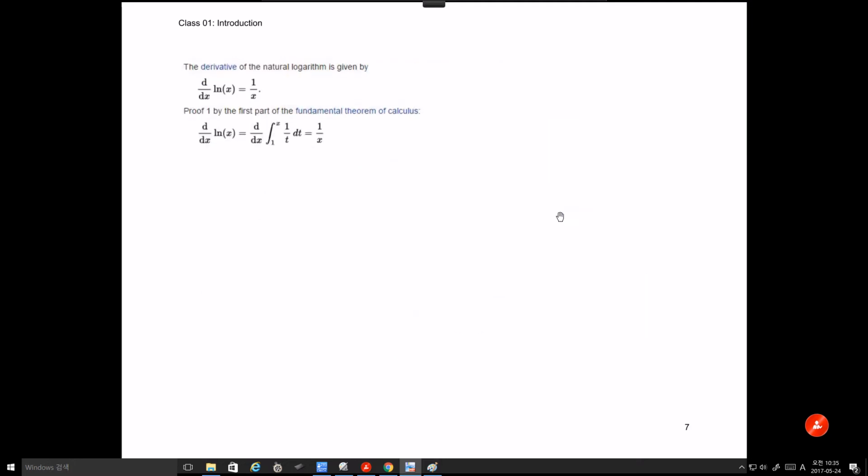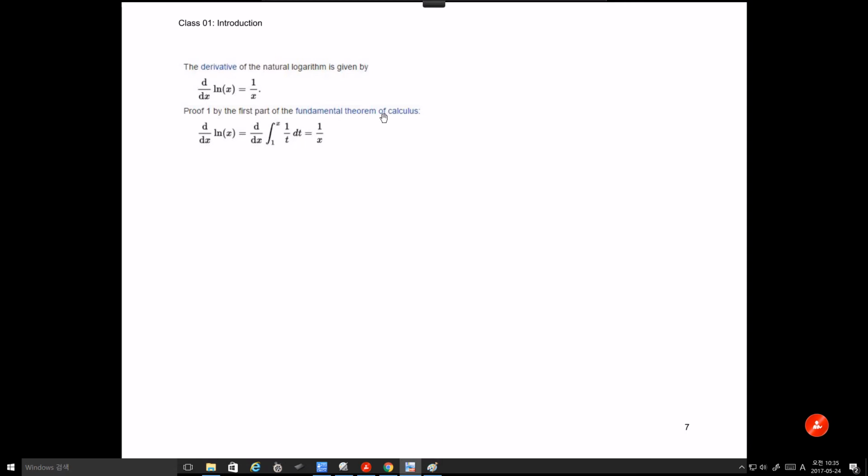Now the derivative of the natural logarithm is this one. We can prove this by the first part of the fundamental theorem of calculus. The fundamental theorem of calculus is basically that the inverse of integration is differentiation and the inverse of differentiation is integration. So d ln x over dx: let's take the derivative, and use the definition of ln x, so we have d of the integral from 1 to x of 1 over t dt.